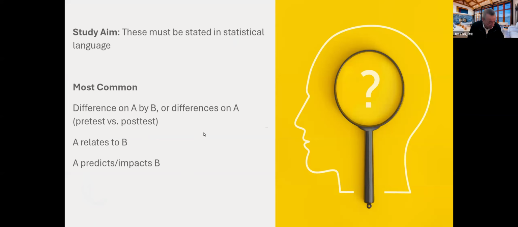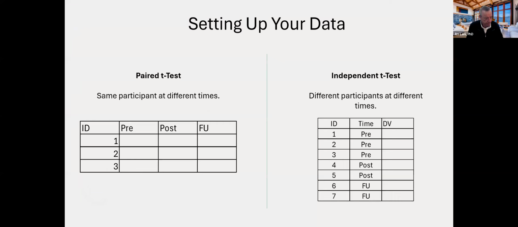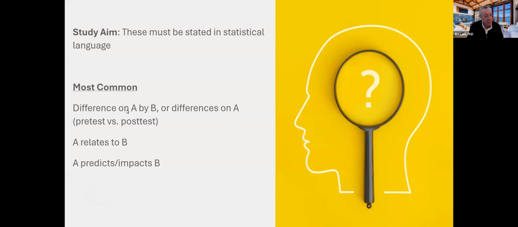So going into data plans, are there differences on A by B, or differences between pre-test and post-test? Some of the language is the language of differences, the language of is A related to B, and does A predict B or impact B? Let me say something here.